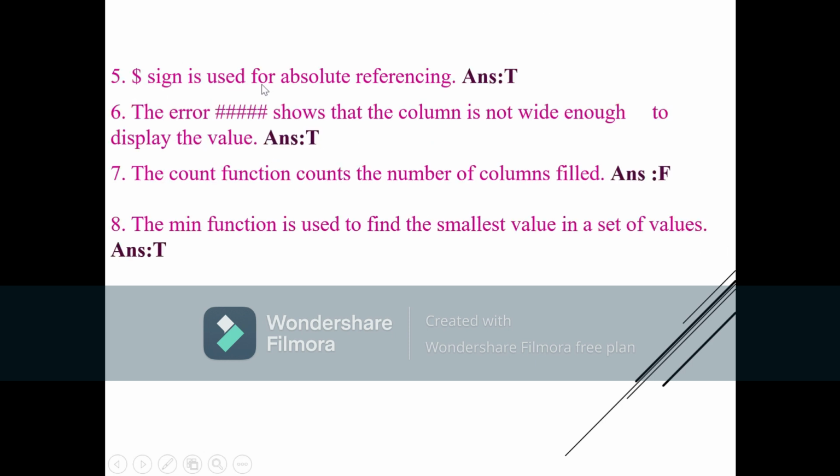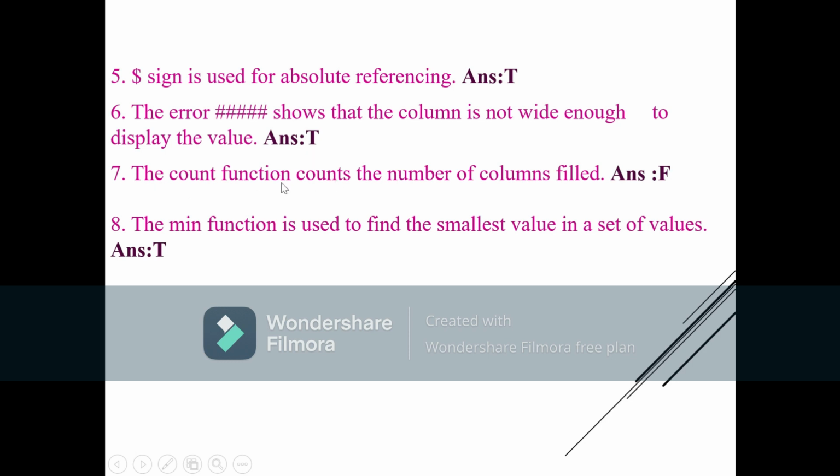Then the dollar sign is used for absolute referencing. Yes, of course it's true. Then this error shows hashes. This error shows that the column is not wide enough. So the answer is true.